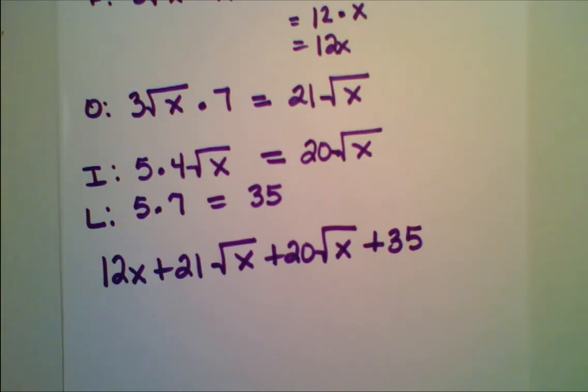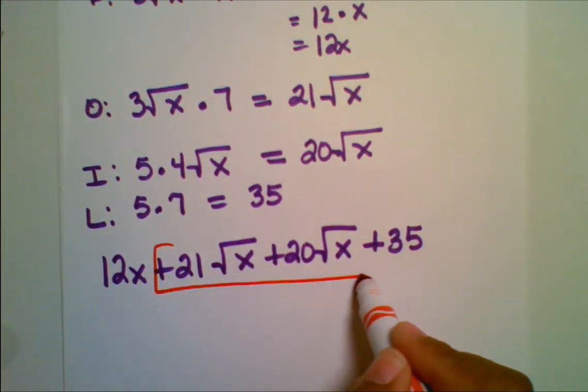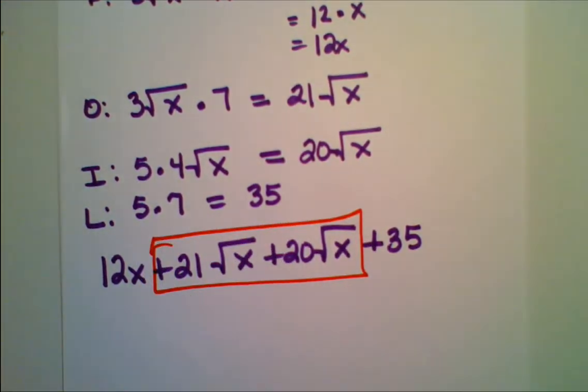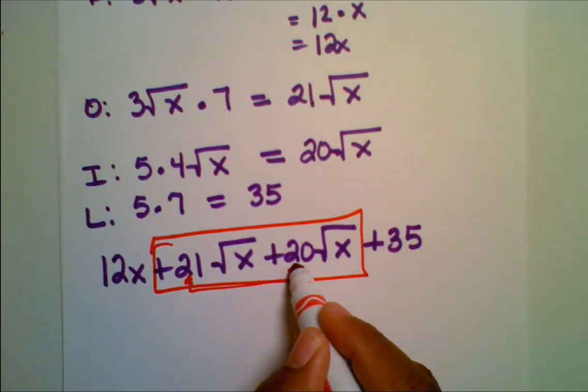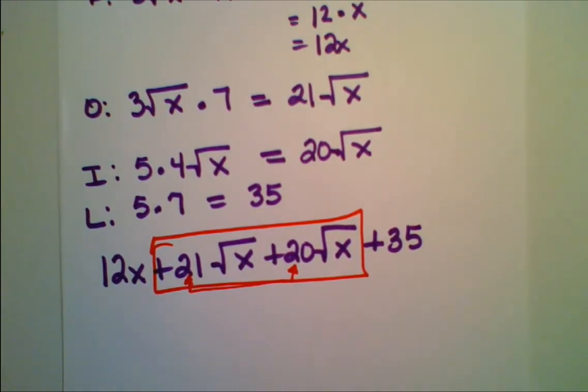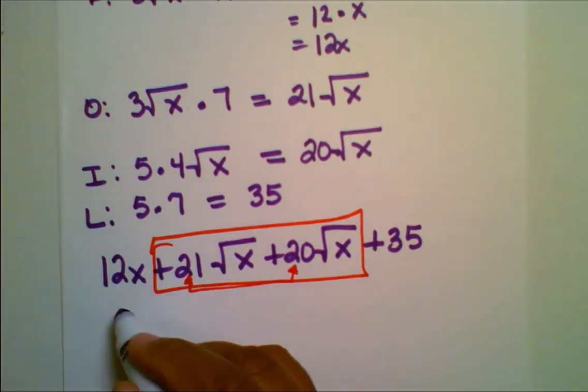I see some like radicals, meaning we're going to add 21 and 20 and keep the radical. So bring down your remaining terms.